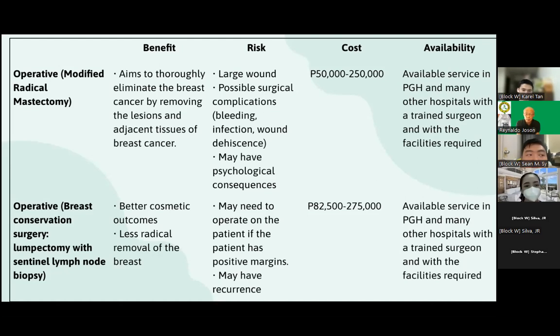So it has been found that in general, the local recurrence rate will be higher for lumpectomy. So that's why they add irradiation to decrease the local recurrence rate. But still, there's some degree of local recurrence in lumpectomy and radiation.